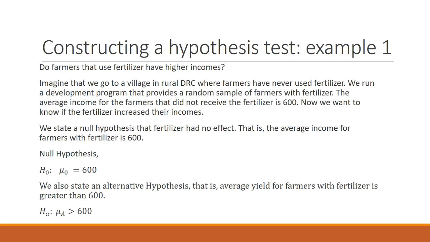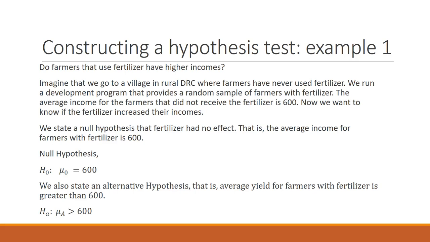Well, now, in this example, we're going to be able to see why the z-score, the t-score, is really useful for us. Because what we're going to do is we're going to assume that either the null hypothesis is true or the alternative hypothesis is true.